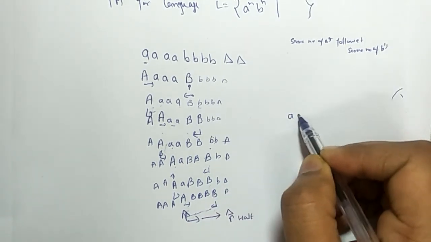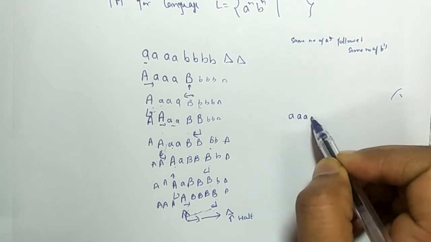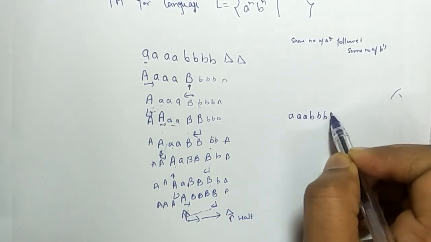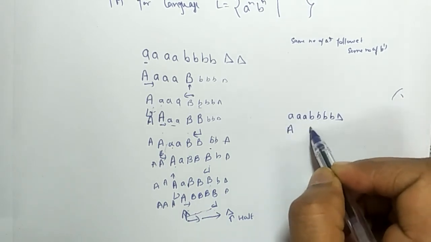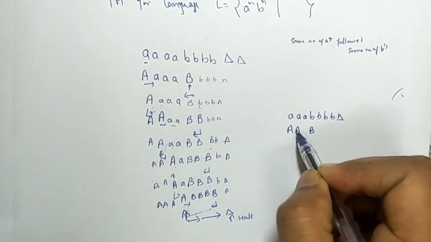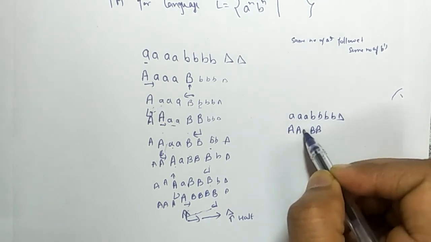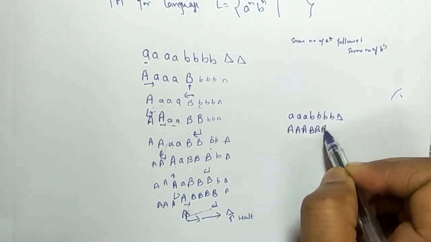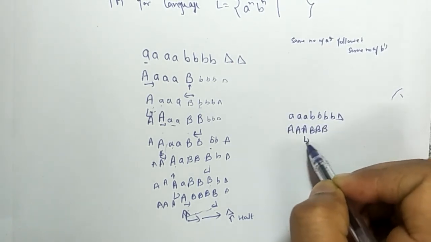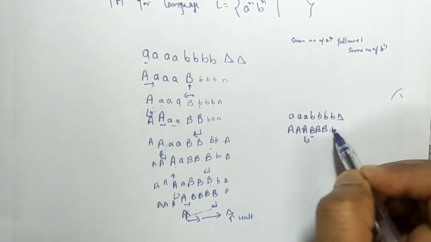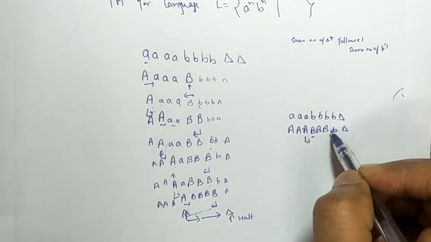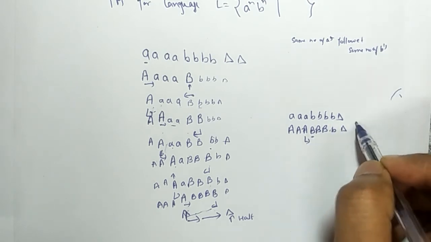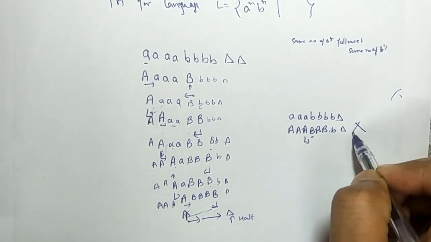because input may be like this where we have more B's. Suppose like this, and you mark this A, you mark this B, you mark this A, you mark this B, you mark this A, you mark this B, and here in the right you get capital B, but input still has some small b, and it means that b's are more here, so it should be rejected.